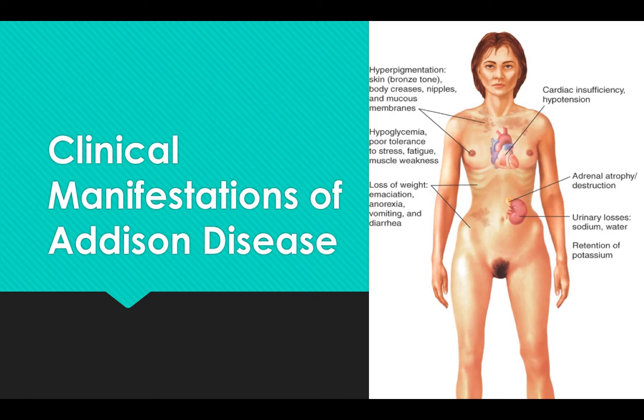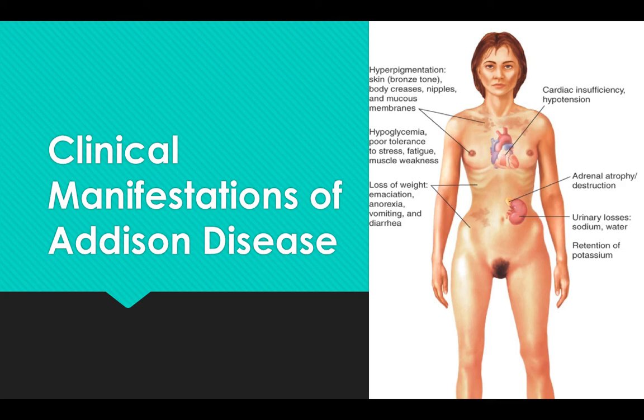We would also do an ACTH stimulation test. We would expect to see elevated BUN, potassium, and calcium. We would expect to see a decrease in sodium. Cortisol levels would be decreased, particularly in the morning.